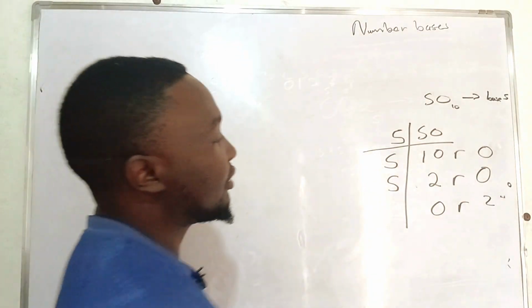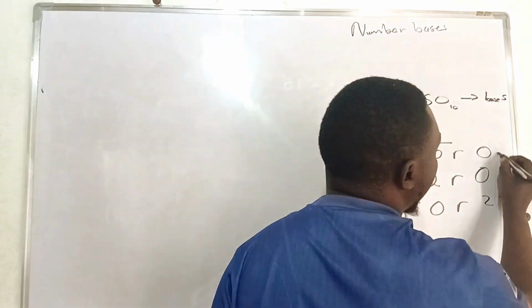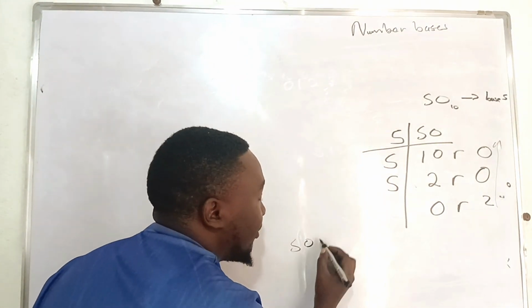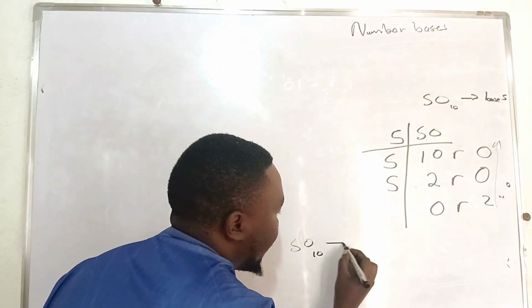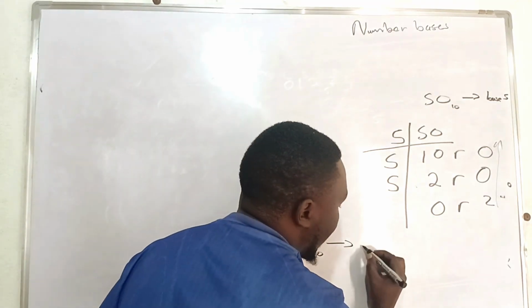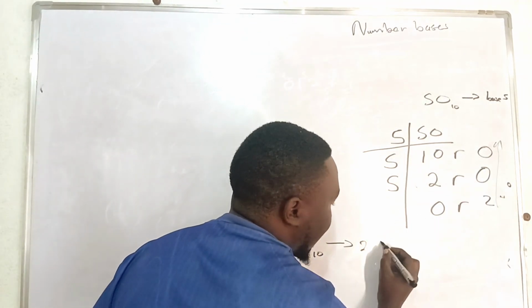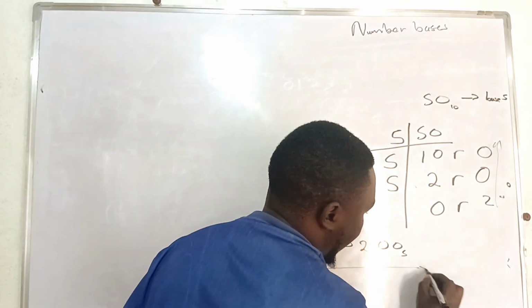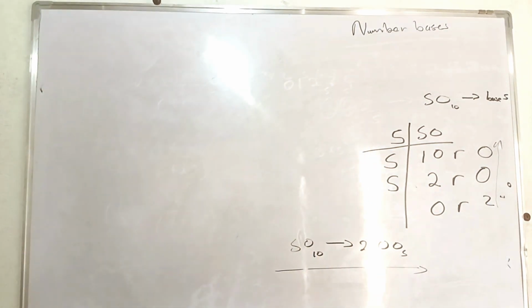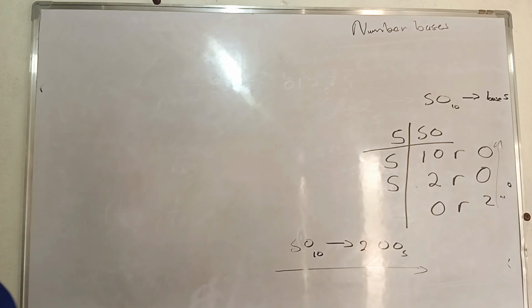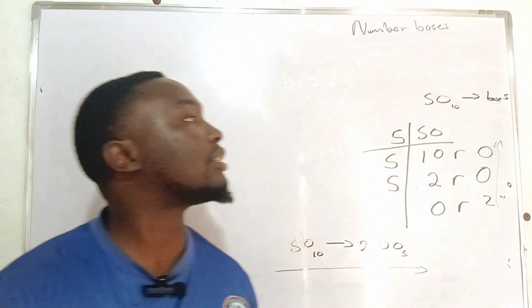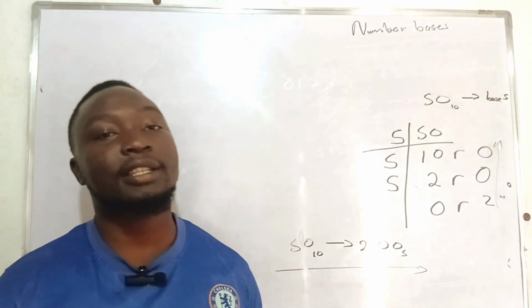When you are reading this value, you take from the bottom to the top. So 50 in base 10 converted to base 5 is going to be 200 in base 5. So that's how you convert a number from base 10 to any other base. We are going to meet when we talk about sets.